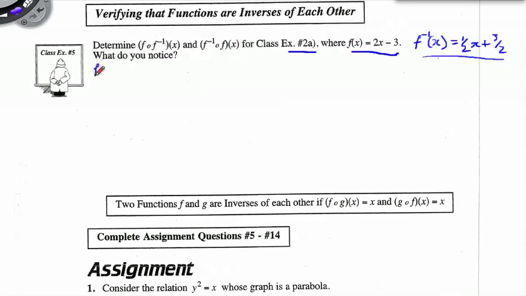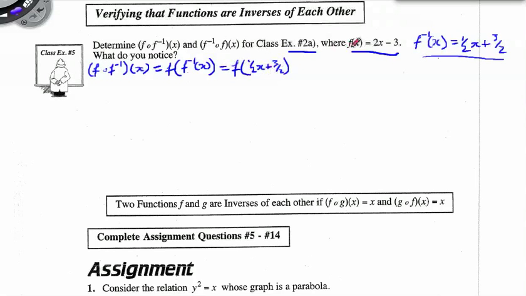So let's do the first one. And what does that actually mean? It means f of f inverse of x. So we want f of, what is this? We can put this equation in here right now. It's a half x plus 3 over 2. And now we'll use this value in our f function.